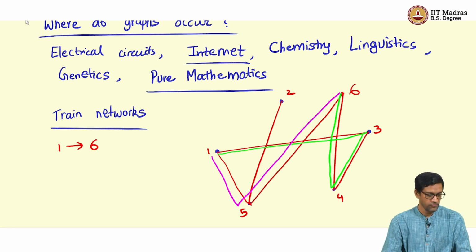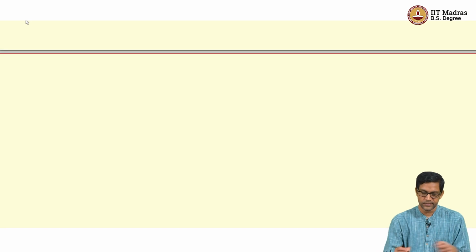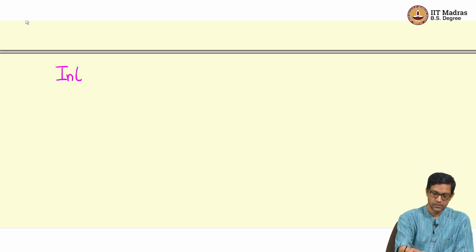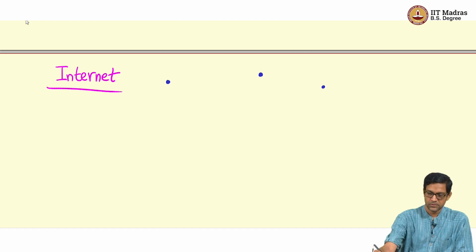The other example is the internet itself, which one models as, so what is the internet really? You can think of it as a large number of web pages. So we model each web page as a vertex of our graph, and we indicate relationships between web pages.